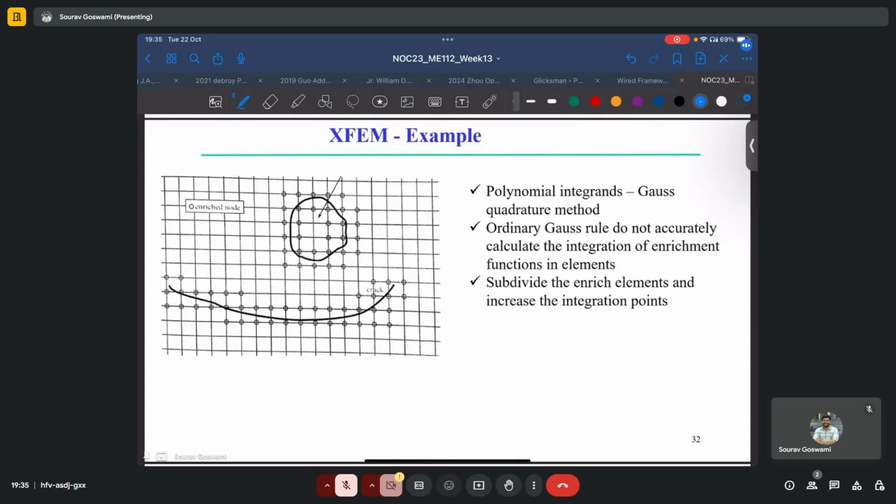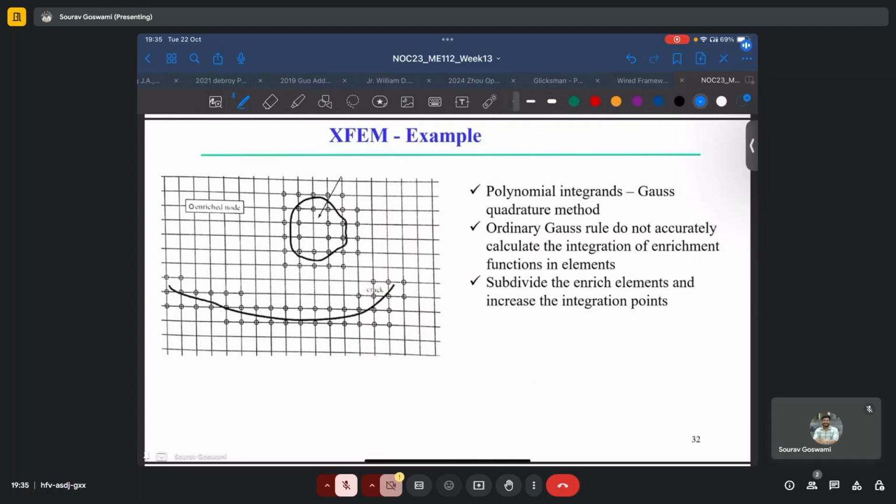So here we see at the bottom a crack growing, and we see that all the elements through which the crack has traveled, we have added extra weights or extra integration points for the nodes of those cells. Similarly, for the example above, where there might be a porosity or an inclusion, we see that wherever the boundary of the inclusion is lying, all those cells have enriched nodes where we have added additional integration points.